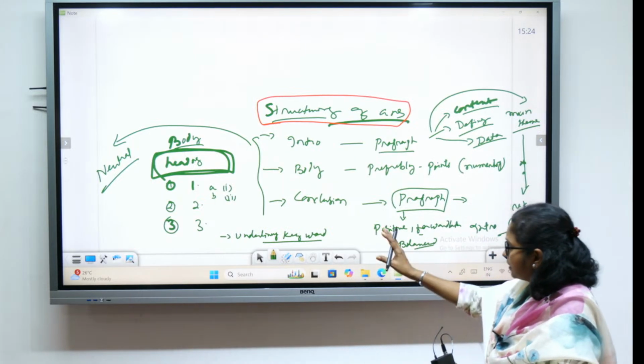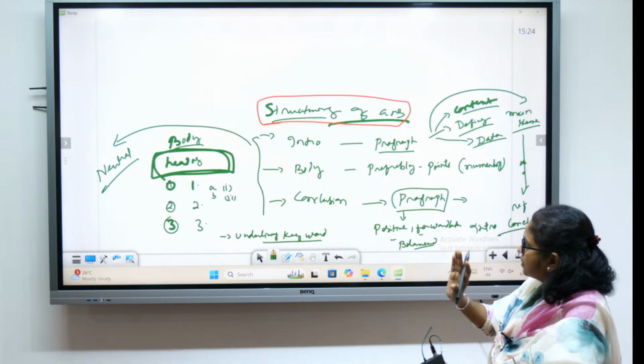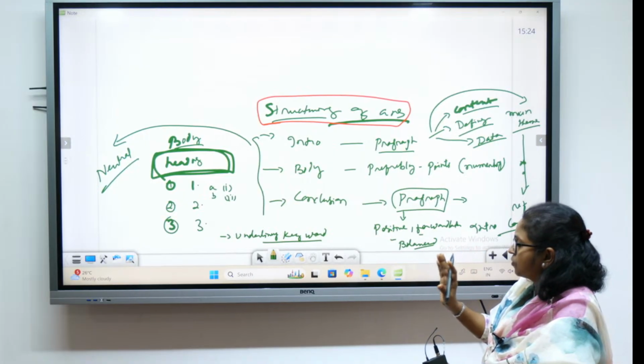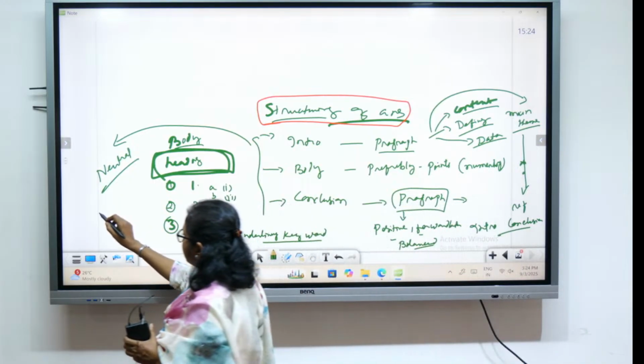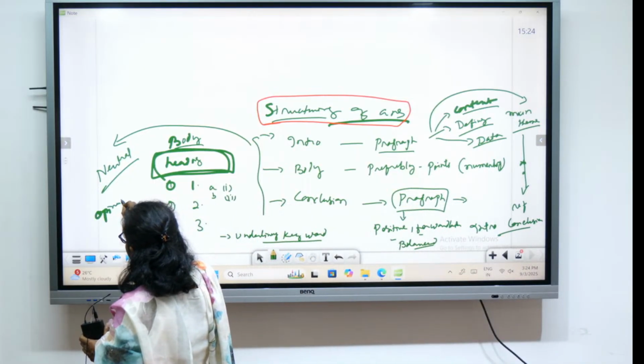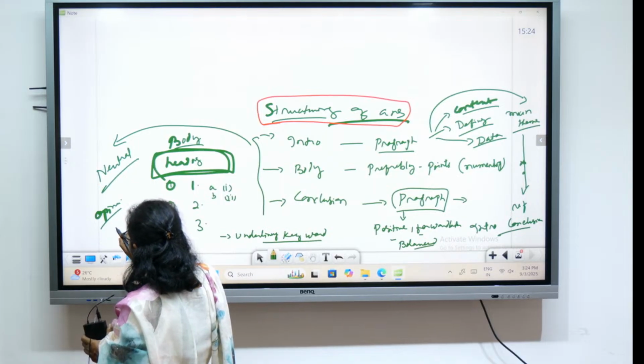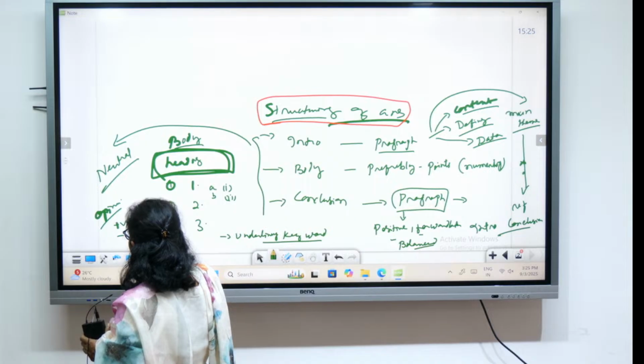So these are the various aspects we have talked about under introduction, body and conclusion. Whenever the question is opinion based or critically analyzed, it always has to be both positive and negative. It cannot be one.